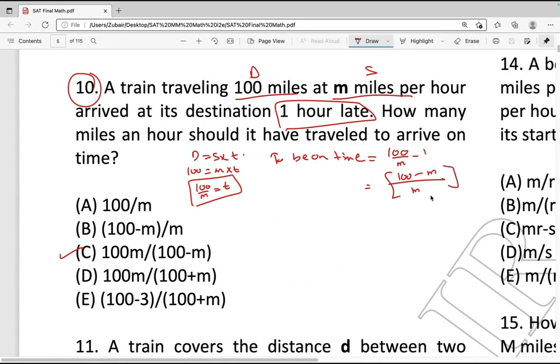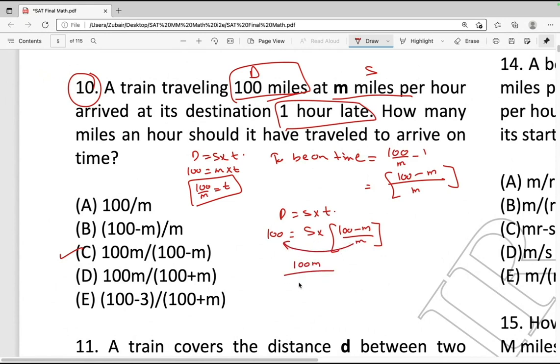Now to be on time, this is the time it should take. How many miles an hour should it have traveled to arrive? That is speed. Now this is already late. Definitely it would speed up. So distance is equal to speed into time. Distance is not going to change between the 2 points. So that is 100. Speed is unknown. We have the time, which is 100 minus m over m. This is the new time. So we make the subject, taking m on the other side, that is 100m, and the numerator goes in the denominator. This is the new speed. So 100m over 100 minus m, option C.